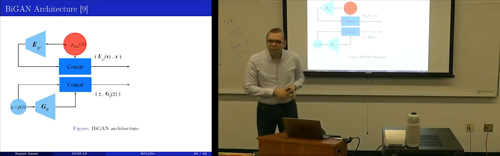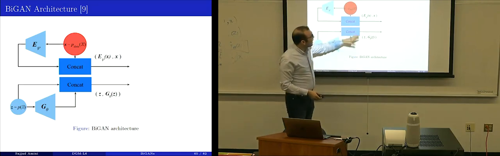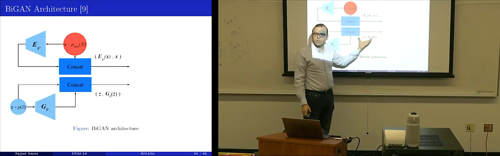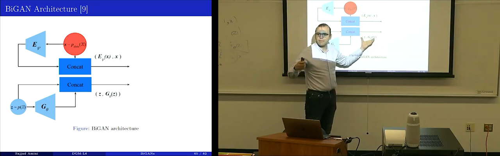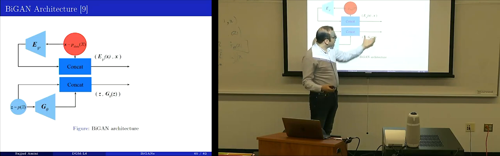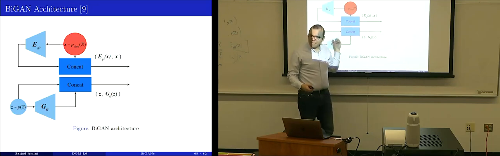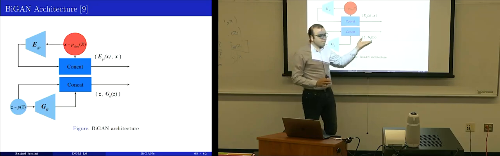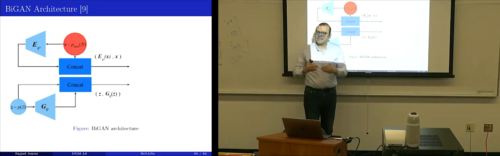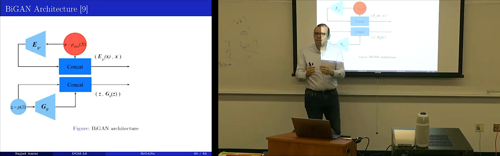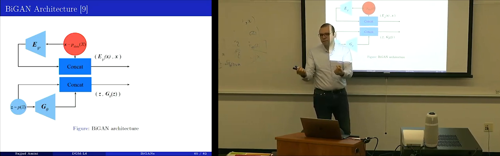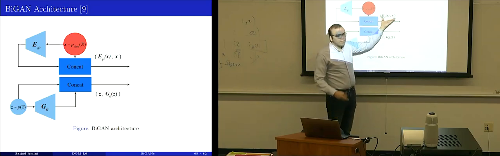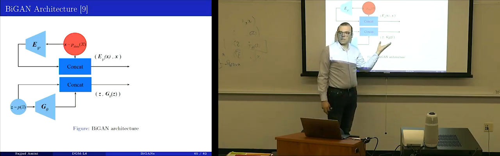And Z is related to the E psi of X. This vector looks at that vector and wants to mimic its behavior. For this vector, everything is clear because you sample Z. Z is fixed, Z is generated, okay? You sample Z, and G theta of Z is a deterministic mapping. It means that for each Z, you have one X. Does it make sense? This vector wants to mimic the behavior of that vector.